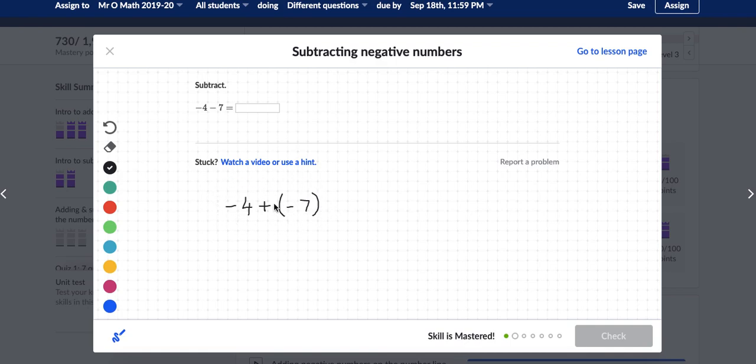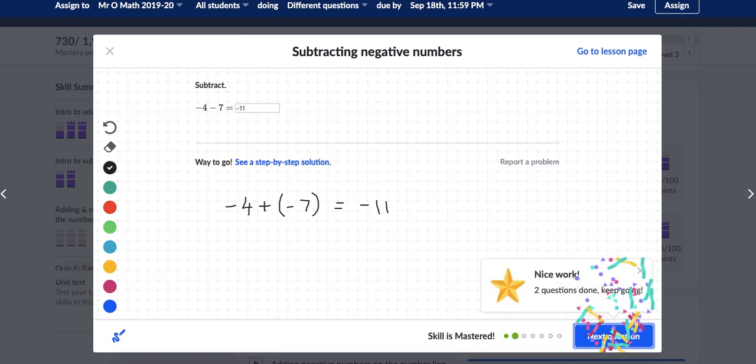We've changed the sign, so this is now an addition, and that allows us to combine the two together. This is adding the same signs, 7 plus 4. So 7 plus 4 is 11, and we're keeping the bigger sign, so that becomes negative 11, because 7 plus 4 is 11. So that's where your same sign sum comes in.